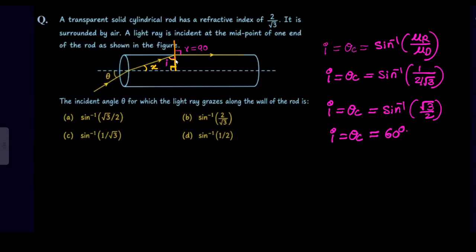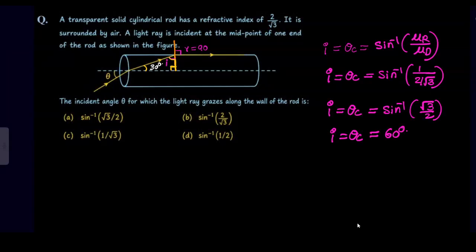This angle we got, I is equal to theta c, that is 60. So this angle must be 30 degrees. Now we can apply Snell's law.